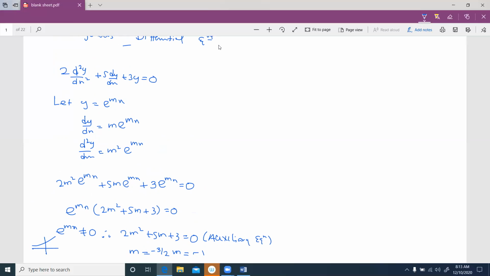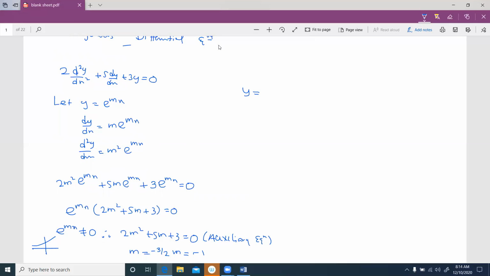Then we use these values of m to get the solutions. One solution is y equals e to the power minus 3 over 2 x, where m is minus 3 over 2, and the other is y equals e to the power minus x, where m is minus 1.